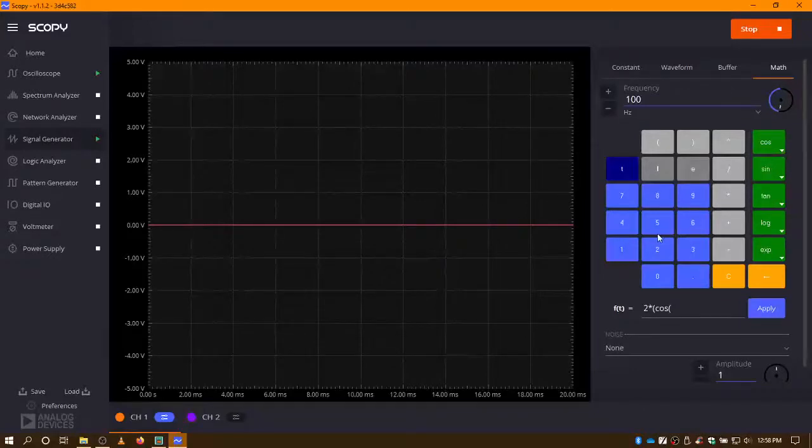That's going to be 4 times the base frequency. In this case, it's 100 hertz. Close parentheses. That also is going to be multiplied by sine function. And that's just going to be the straight frequency.